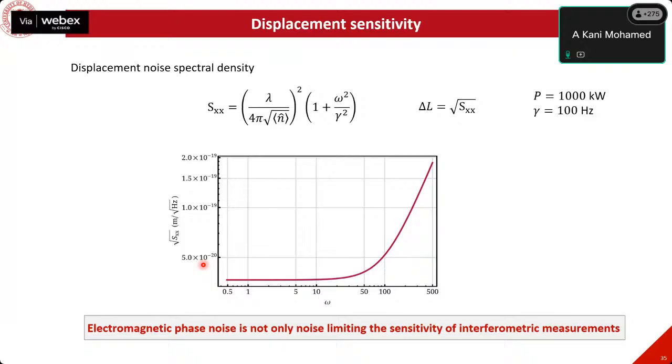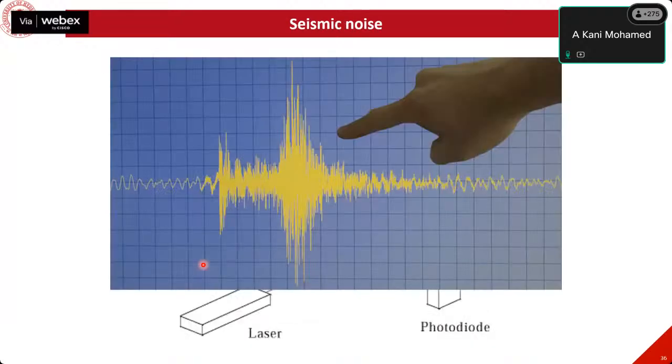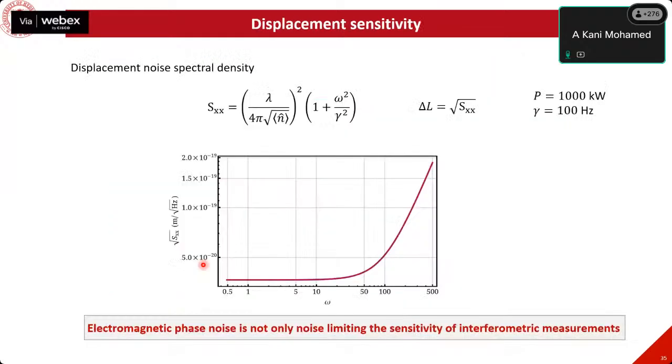Even a small land vibration can destroy this sensitivity. Not only an earthquake: because this is a very highly sensitive instrument, even if a truck moves close to the observatory, that can cause a small land vibration that will affect the measurement sensitivity of the observatory. So it is that highly sensitive.